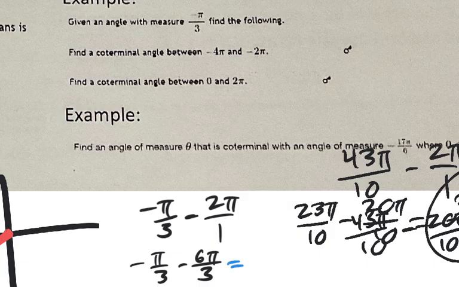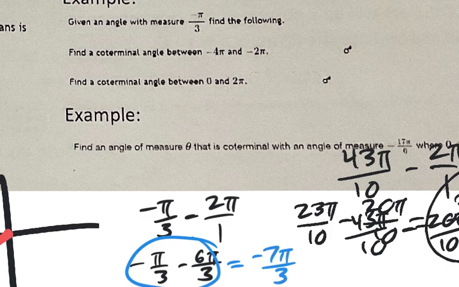Anyways, if I combine these, negative pi over 3 minus 6 pi over 3, this is negative 7 pi over 3. Right, there's an understood 1 here. And that is between negative 2 pi and negative 4 pi. And then how could I find one between 0 and 2 pi?